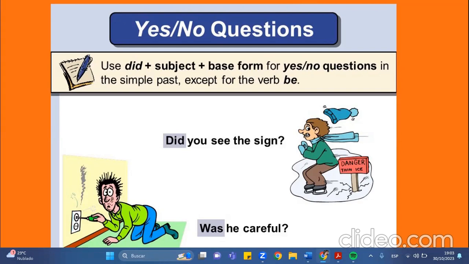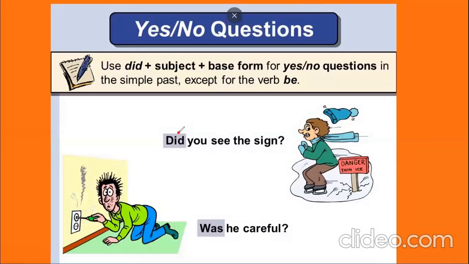For example, here it says, did you see the sign? As you can see here, we have the did, which is the auxiliary. I need to have the subject and the verb in the base form, and then the complement and the question mark here.